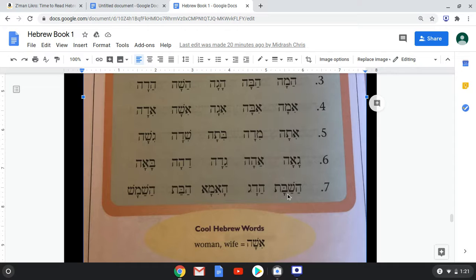And I know you know the word Shabbat from earlier, dag. When the hey's in front of it, it's an article adjective, so it means the. So this is the Sabbath, the Shabbat, the fish, the daughter, the servant. Okay, cool Hebrew word. Woman or wife is isha. Isha.